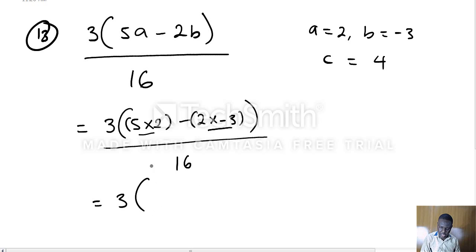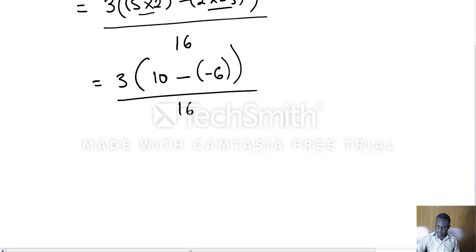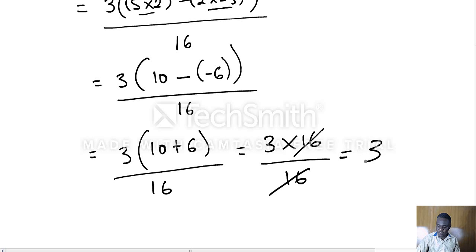This is 3 into bracket 2 times 5 is 10, minus 2 times minus 3 is minus 6, all divided by 16, and this is equal to 3 into bracket 10 plus 6 divided by 16, which is equal to 3 times 16 divided by 16, and 16 will divide itself, leaving us with 3 as our answer. So exercise 10.3, question 13 is 3.